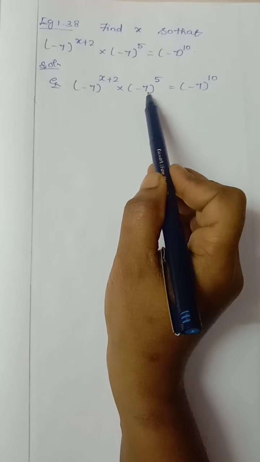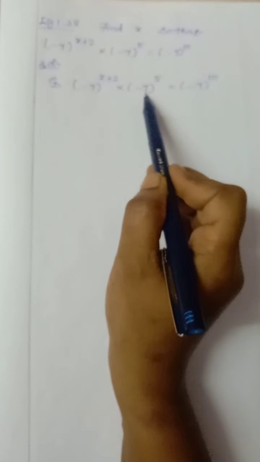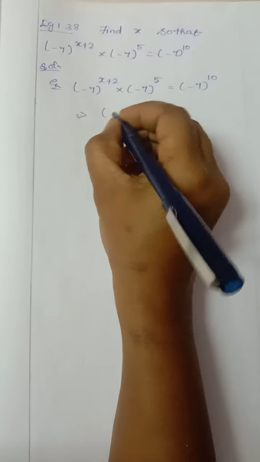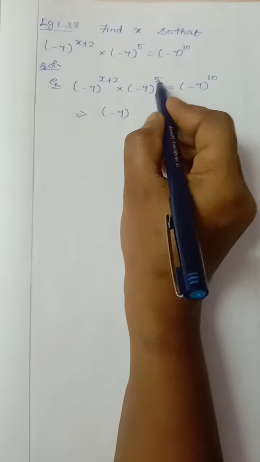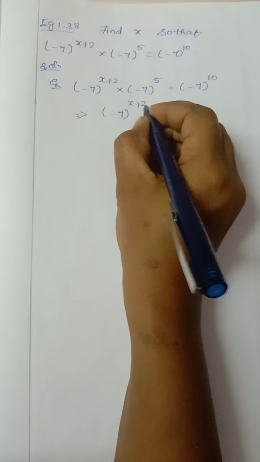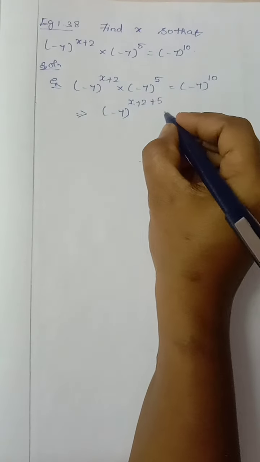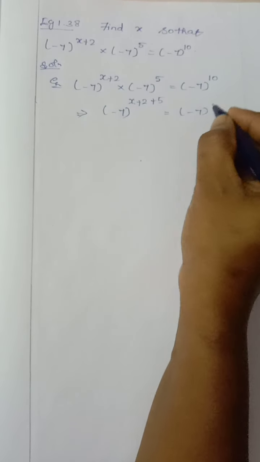If the base values are equal, we can add the powers. So we can write (-7)^(x+2+5) equal to (-7)^10.